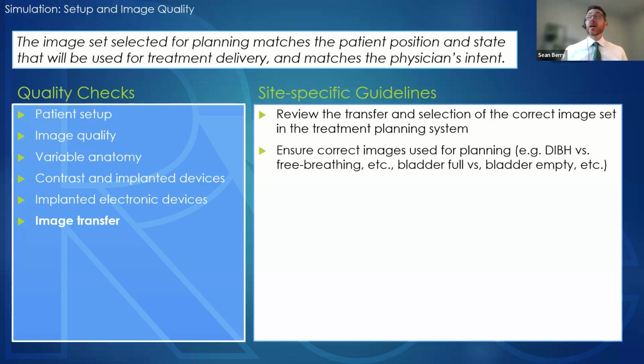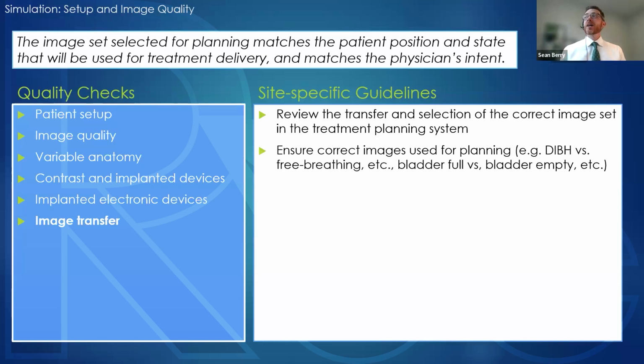So in other words, if you intend on treating the patient DIBH, that your plan's done on the DIBH scan, not accidentally on the free breathing scan. I've seen it a number of times, where it has happened that the plan was accidentally done on the wrong scan, especially for DIBH. If the patient doesn't take very deep breaths, it might not be apparent right away. So it's something you need to check for.